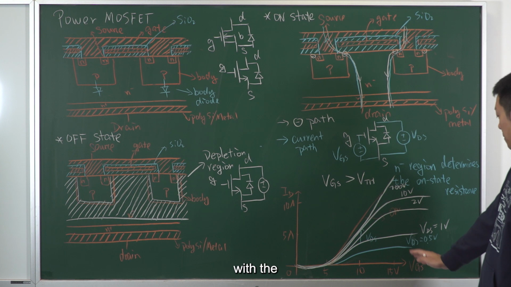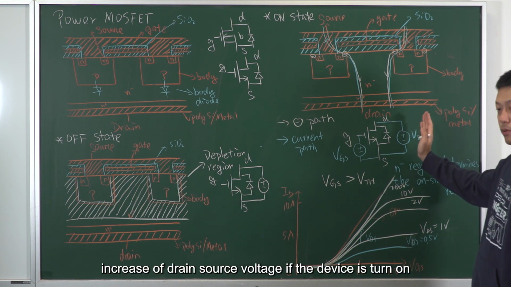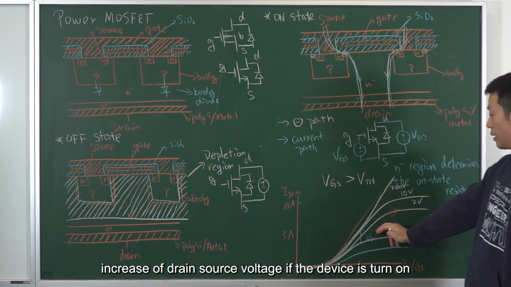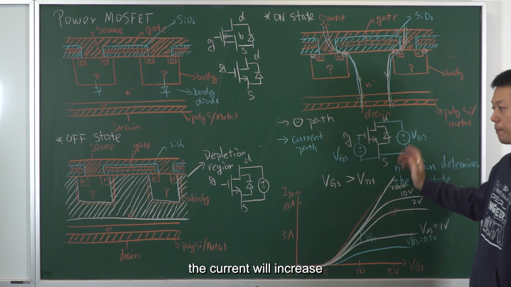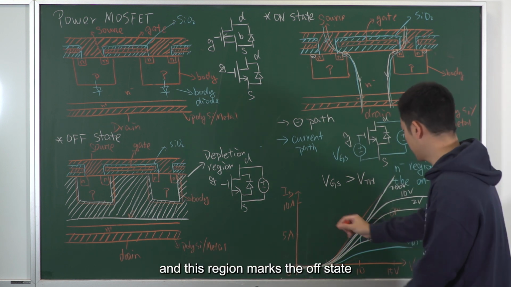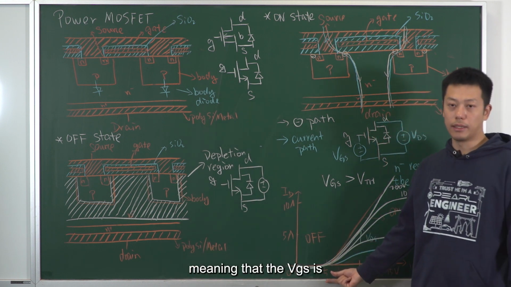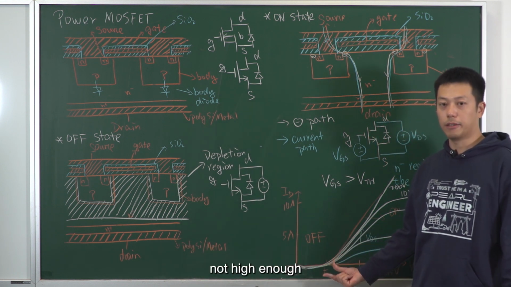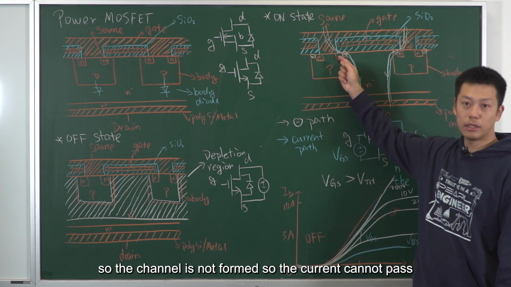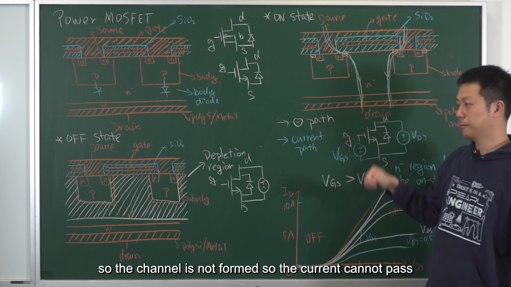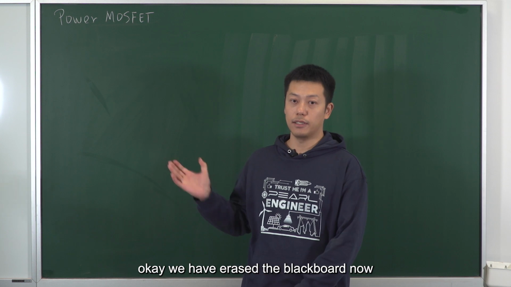With the increase of drain source voltage, if the device is turned on, the current will increase. And this region marks the off state, meaning that the VGS is not high enough, so the channel is not formed, so the current cannot pass. Okay, we have erased the blackboard.